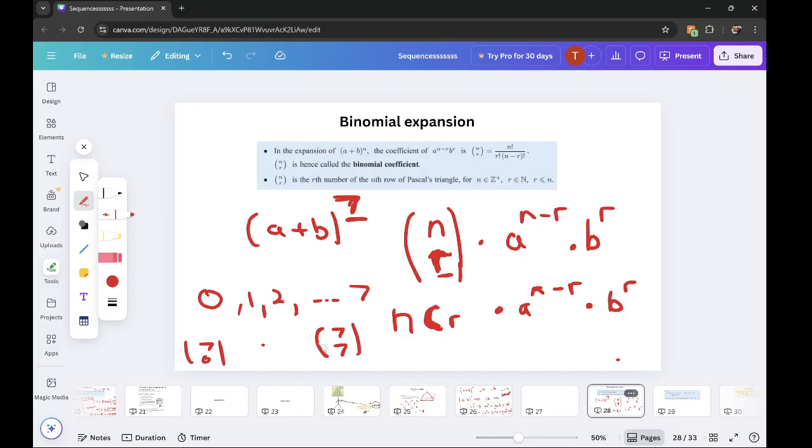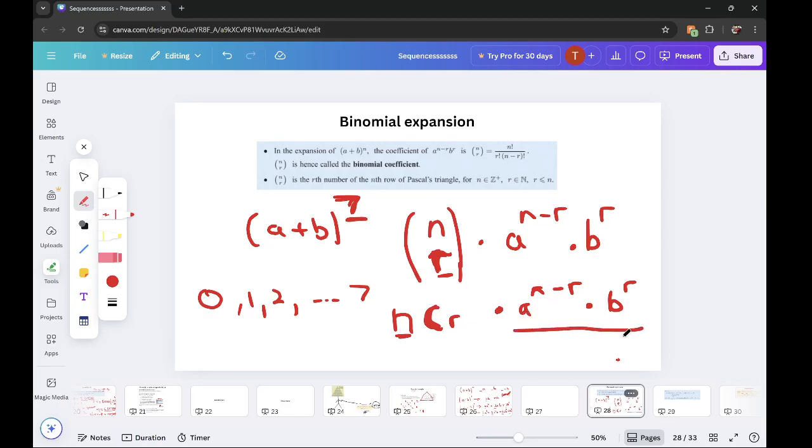Each of these will give you a different value as you use this formula, or you use the non-mental way and just plug it into a calculator like a normal human being. You plug in 7, which is your n, choose r, whatever r value you're trying to find for your coefficient.